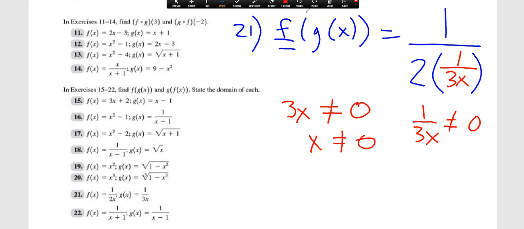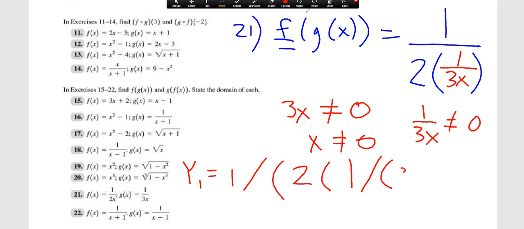So, graph it. If I were you, I would... Now, if I'm doing this on the old school version, I've got y1, 1 divided by parenthesis, 2, parenthesis, 1, parenthesis, 3x.